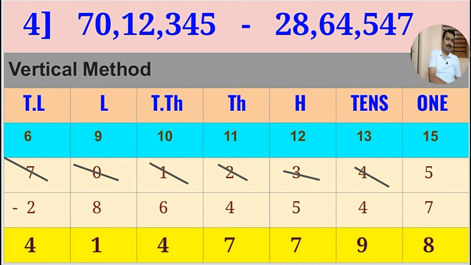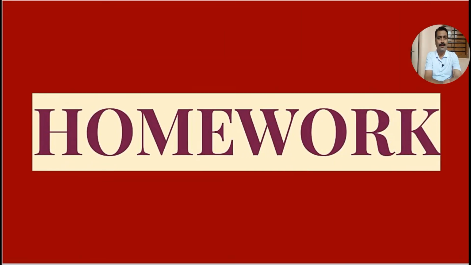So after this fourth example, now there are remaining two examples in that problem set number 11 there. Those two examples, with extra two examples, here I am giving as homework. So the next four examples that here I am showing in front of you as homework, complete in your classwork notebook.